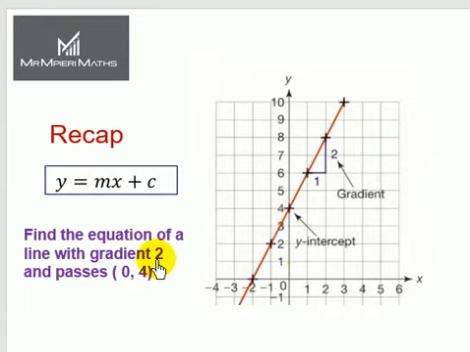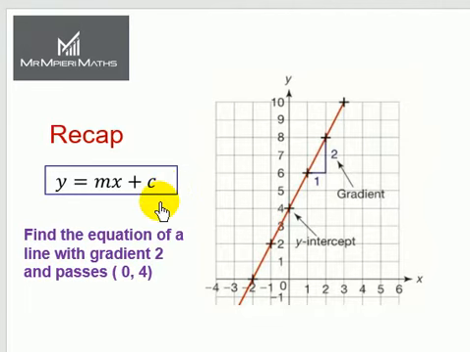The gradient has been done for you. Gradient is 2. 2 up, 1 across. What you do here is put these numbers in: m is 2, so 2x, and c is 4. Then you get your equation.